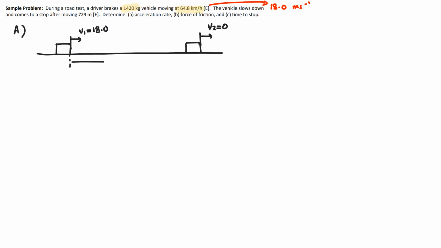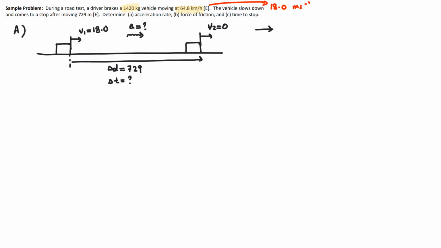It will travel a distance of 729 meters, and we don't know how long this takes, and we don't know the acceleration. We know it's going to accelerate in this direction because it's slowing down, but I'm just going to leave it as that direction for now.